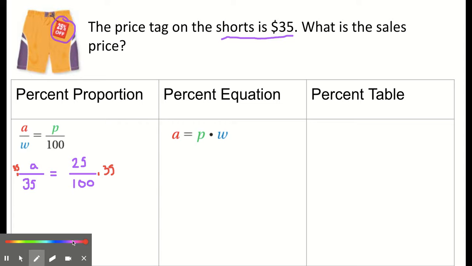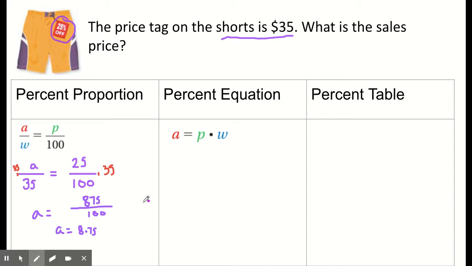All right, and what that leaves me with on the left is A, the part that they're going to take off, is equal to, let's see, 25 times 35 will be in the numerator, 875, and the denominator is going to be 100. Now simplify that, we get 8.75 if you divide 875 by 100. So this is the amount that they're going to take off.